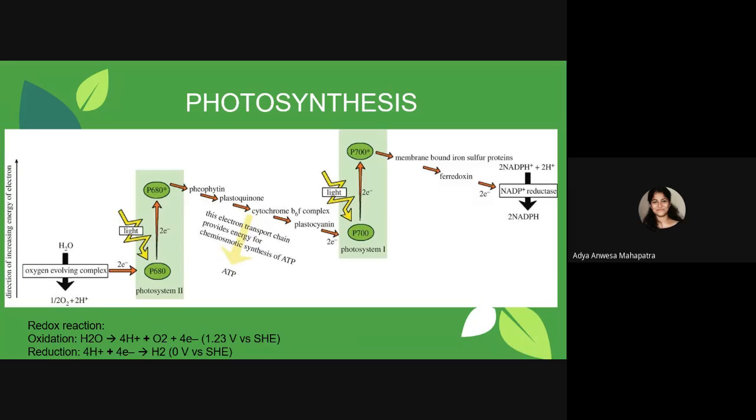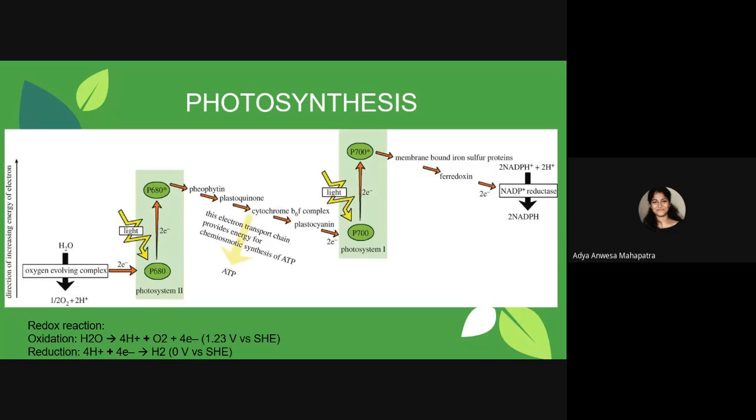Therefore, pheophytin is sufficiently negative that in principle it could drive the reduction of hydrogen H plus into hydrogen gas. The reducing equivalent then produced is passed along an electron transport chain to PS1, where it is excited by the energy of a second photon absorbed by a chlorophyll molecule known as P700. This lifts the reducing potential to minus 1 volt. In this way, sufficient energy is accumulated to drive the fixation of CO2.